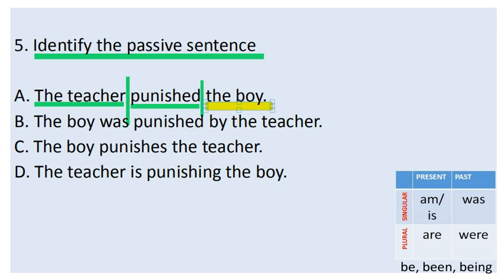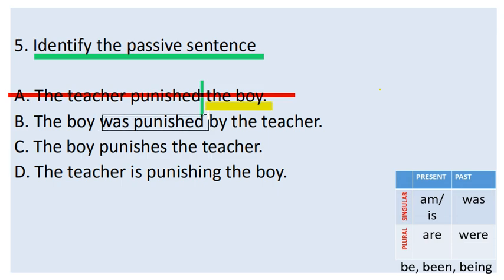The boy. We also look at the structure of a passive verb. It must have the verb be, that is any of the verbs on the table, followed by the past participle of a lexical verb. Which option has that structure? Option B. Was punished.